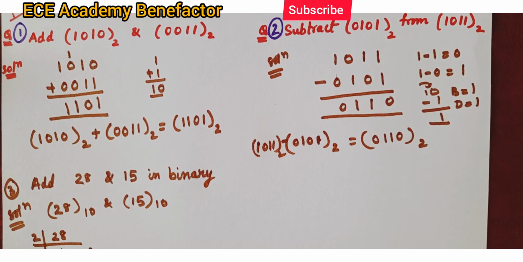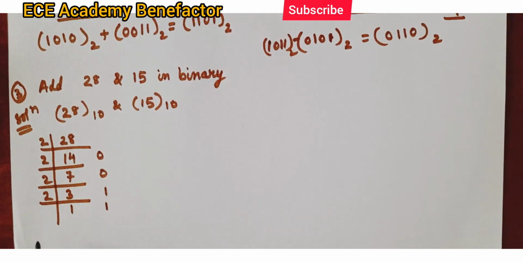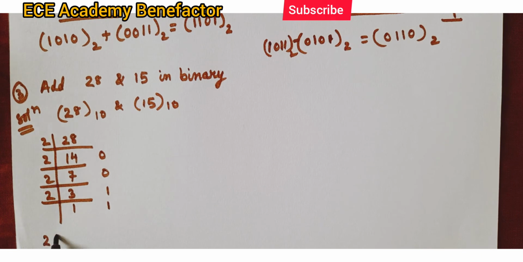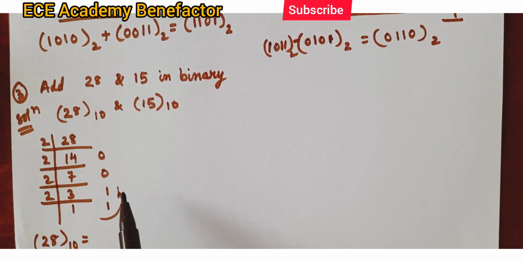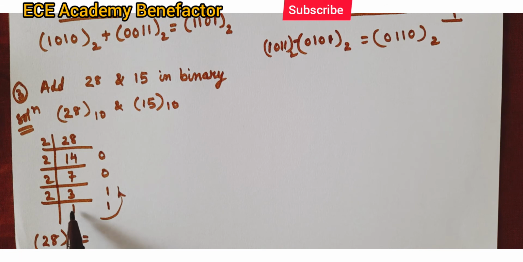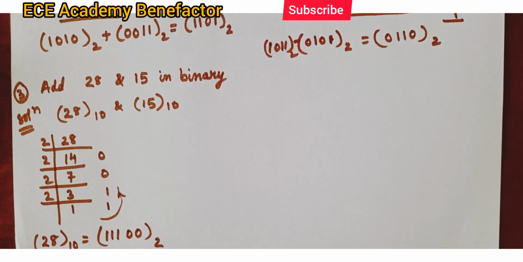So what is 28 decimal in binary? You have to read this way. So it will become 11100 in binary.